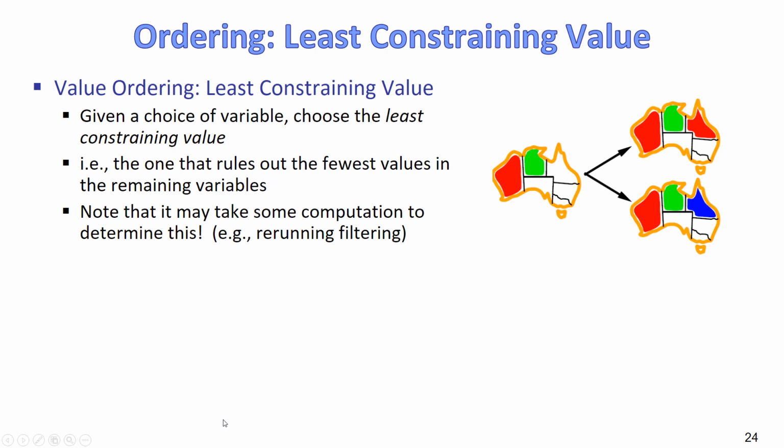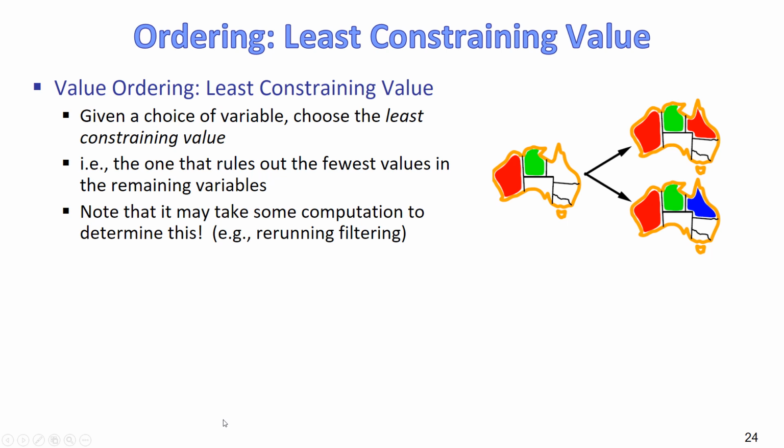The value that will remove the fewest number of values in the remaining unassigned variables. In other words, the value that is least problematic, because when we assign that value, we don't remove many values in the neighboring or remaining variables. So it doesn't make more problems.